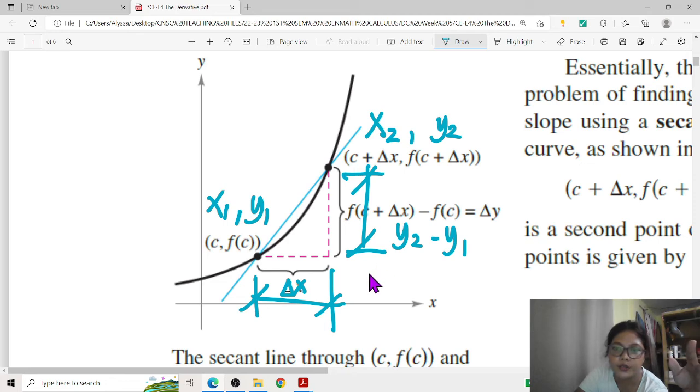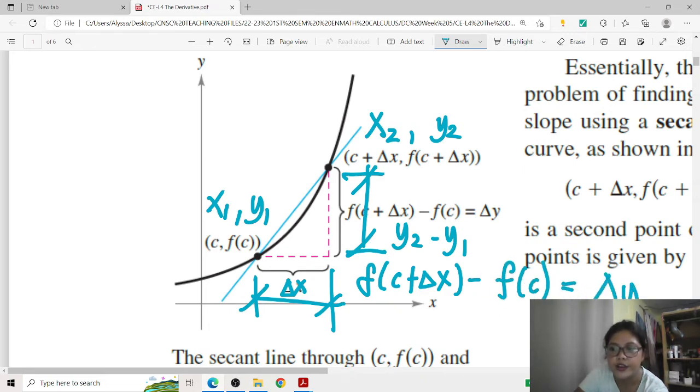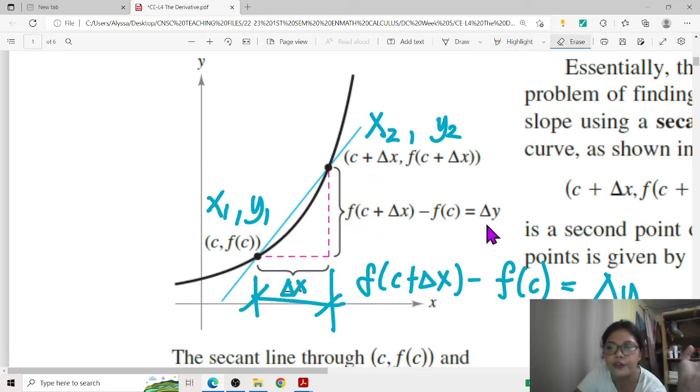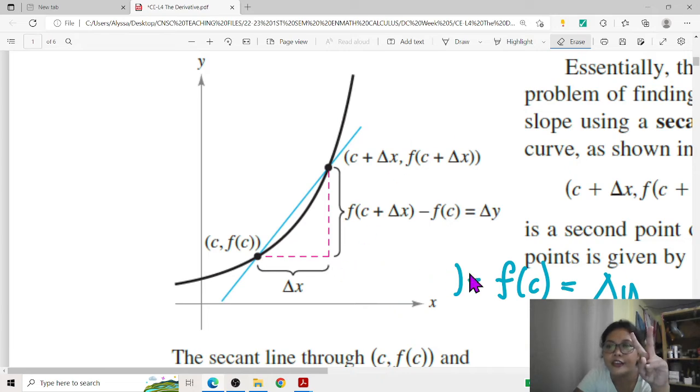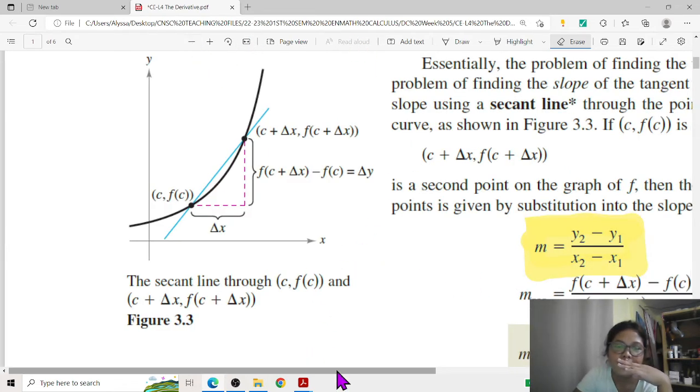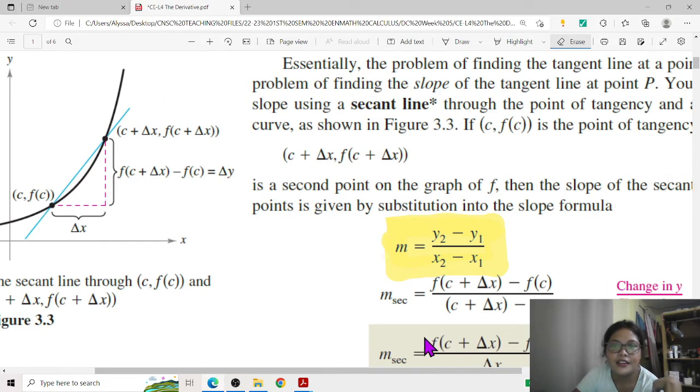And then y2 is f of c plus delta x minus y1 mo f of c. So kaya siya naging delta y. So tandaan nyo yung derivation. Anyway, this is just an explanation of the derivation of this point-slope form considering 2 points on a line or a curve. Okay, so now balik tayo sa main topic, which is the slope.